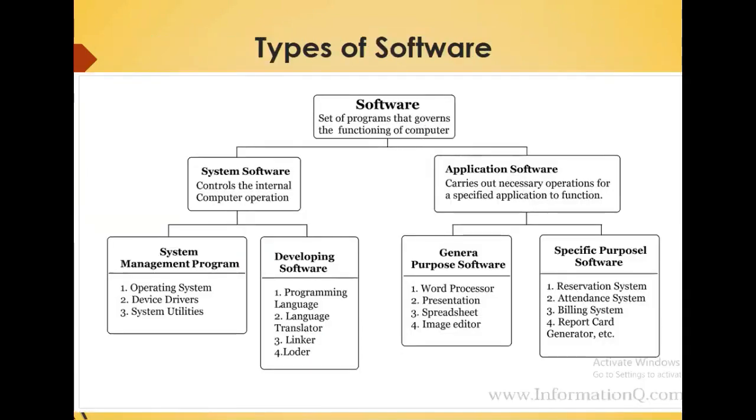In high level language, we have discussed system software and application software. What does system software do? It controls the internal computer operation, meaning how computer parts interact. For example, the keyboard: where to send that input, and for processing, from where to get that instruction, and to where to send that output.